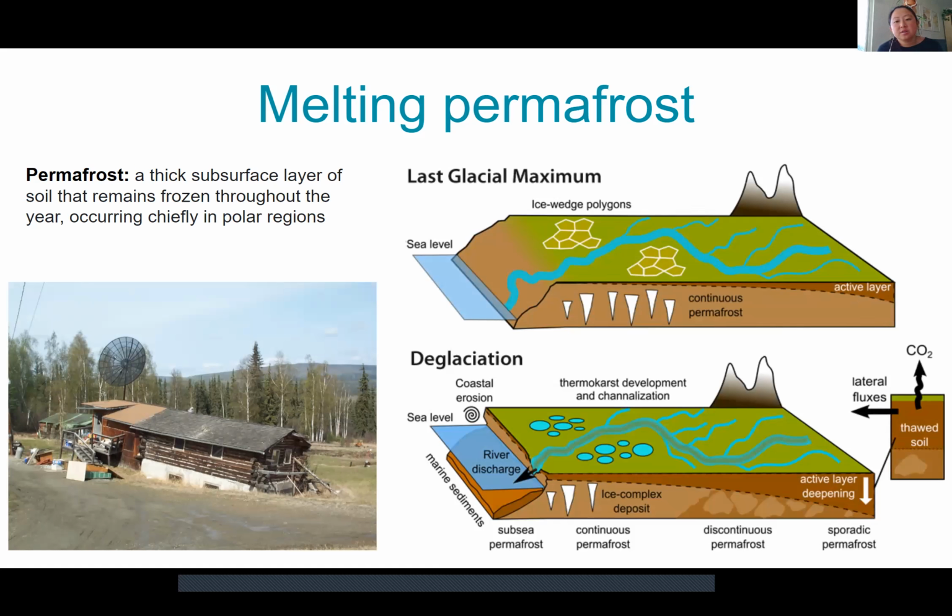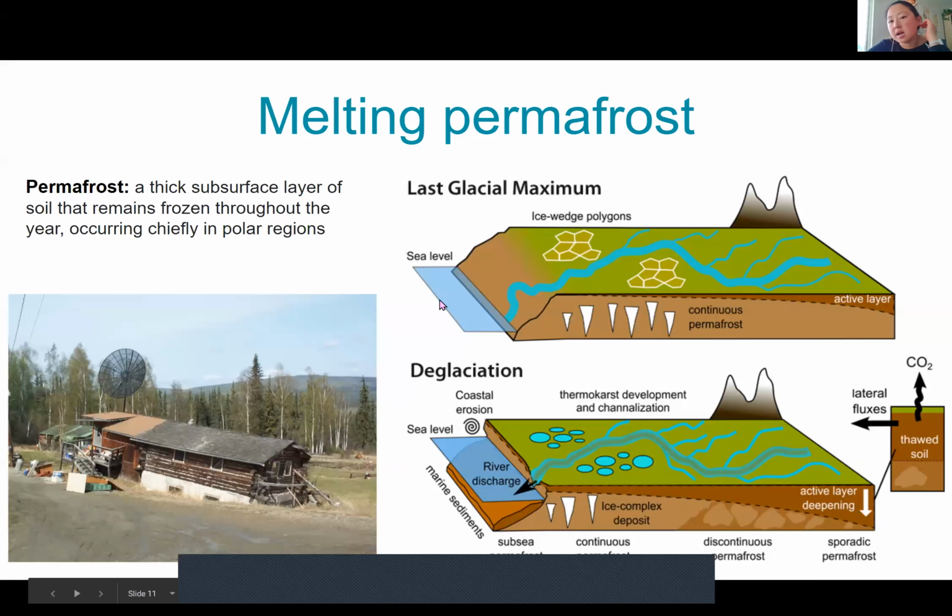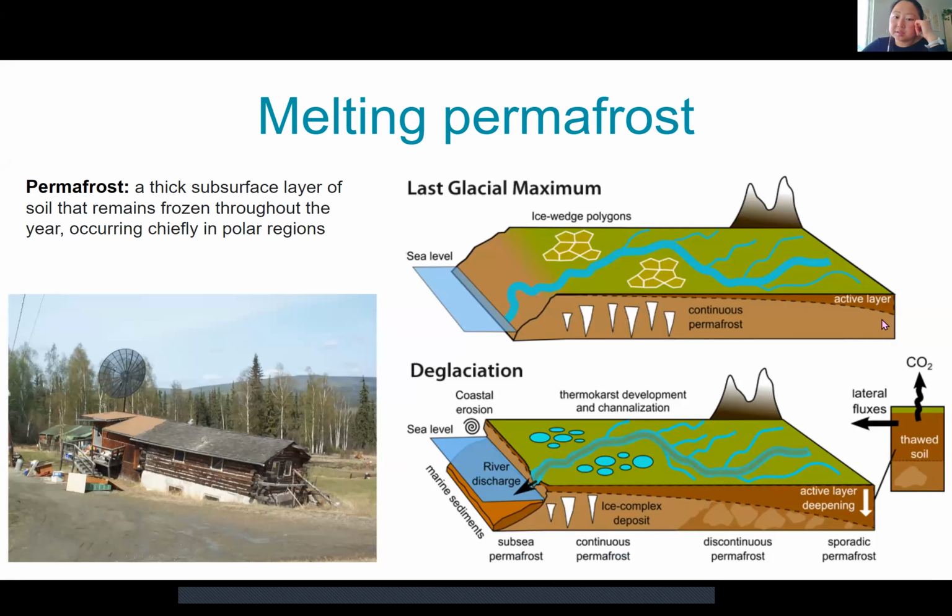Now, the melting of permafrost also changes how water moves across land. So you can see how the melting of permafrost in the bottom area affects the land, but in particular, I want to draw your attention to the CO2.